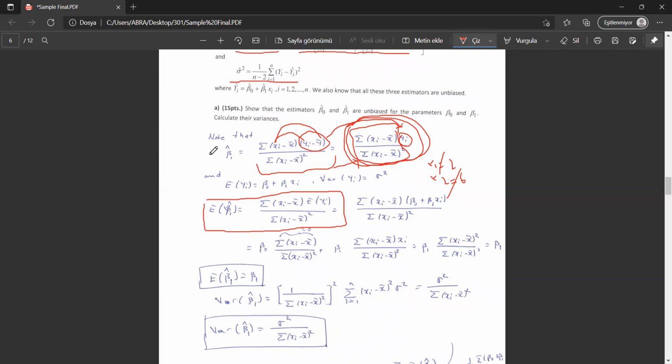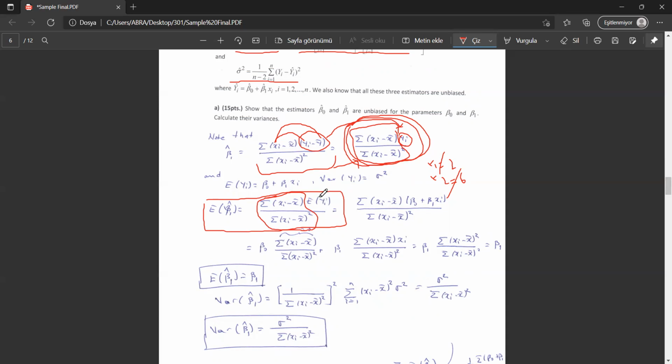We have written expected value of beta 1 hat. It means expected value of summation of (xi minus x bar) times yi over summation of (xi minus x bar) squared. And in this expectation parenthesis, we took the x's outside of the expectation, you see? But we didn't take the y's outside because y's are random. Why? Because y's include error term, and error terms are considered to be distributed normally from Gauss-Markov assumptions.